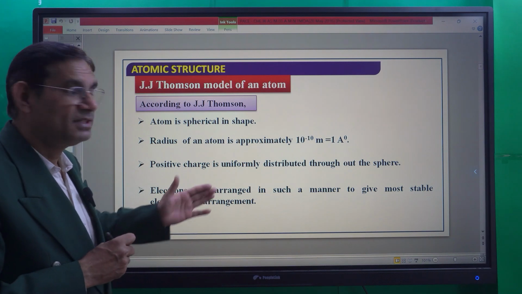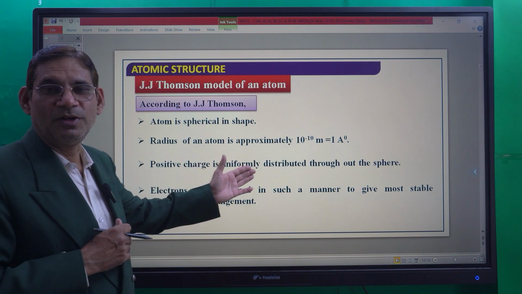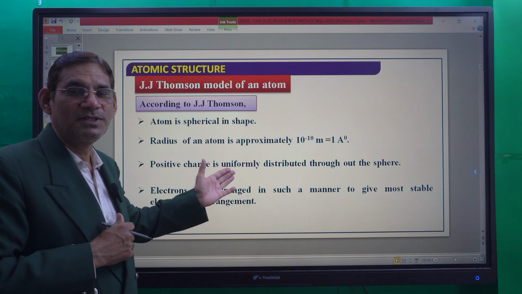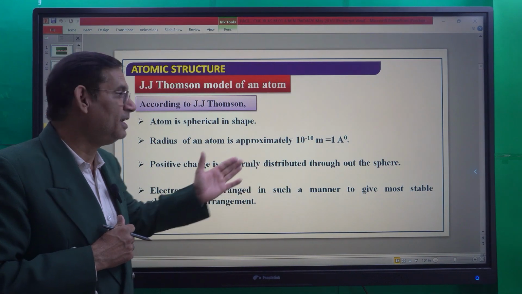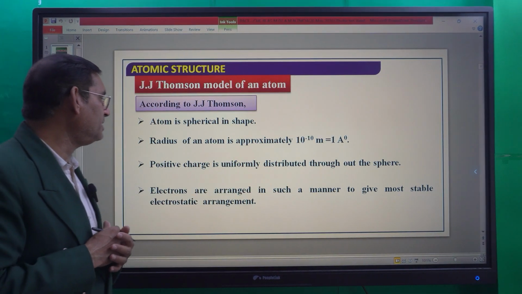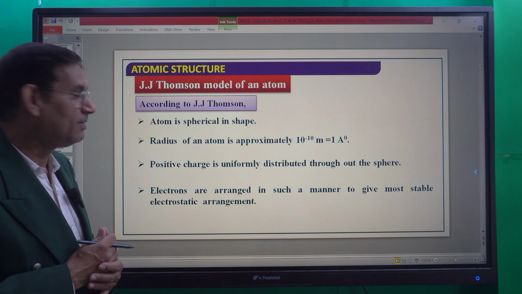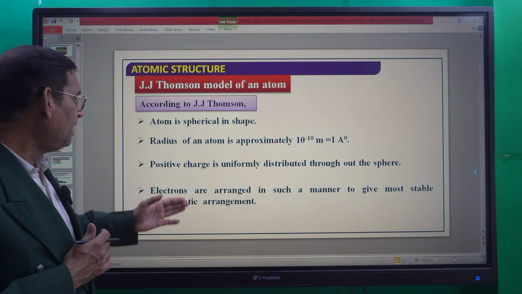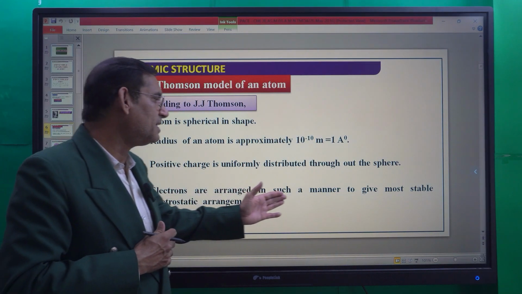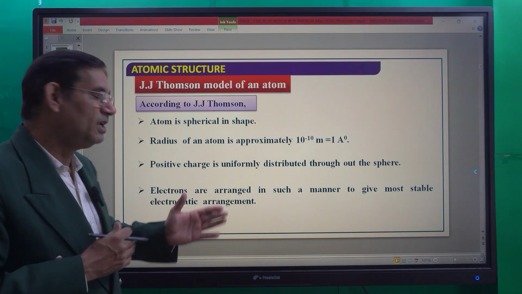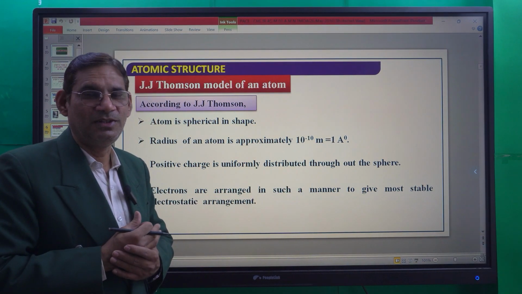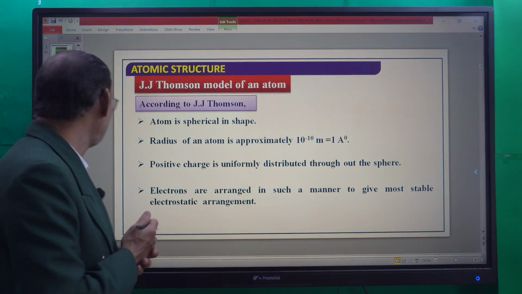That means the number of electrons and protons, the number of positive charges and negative charges in an atom is always the same, always equal. So the net charge on the atom will be neutral. Electrons are arranged in such a manner to give the most stable electronic arrangement in an atom.